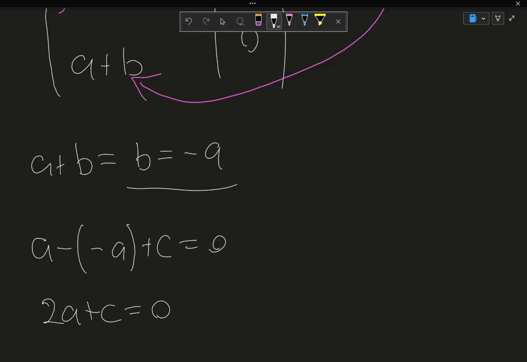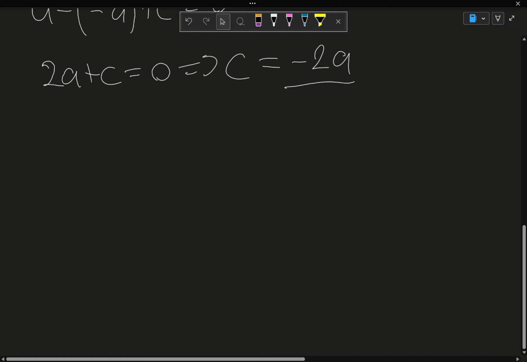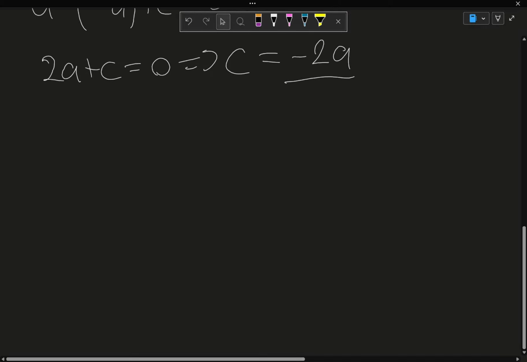This implies that C is equal to -2A. Well, now we rewrote B with respect to A, and we rewrote C with respect to A. So we have a function which just depends on A. Now, all we have to do is just write the solution.